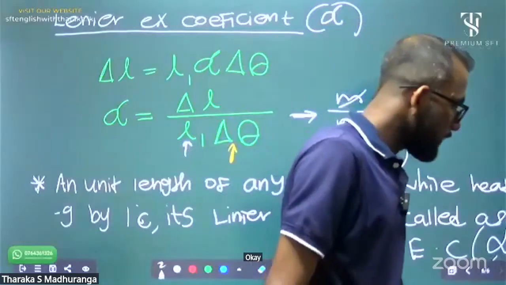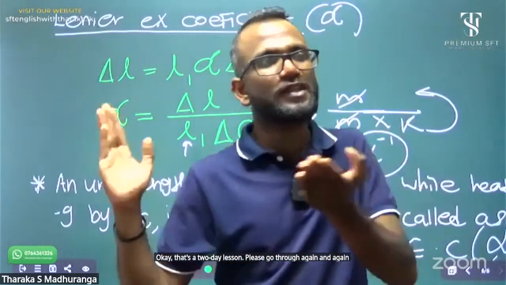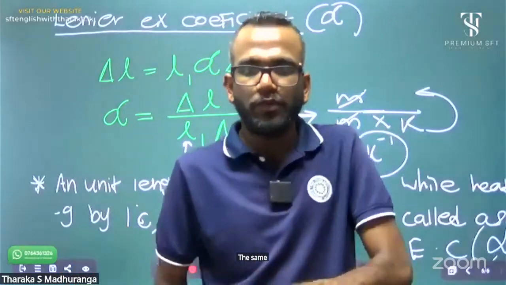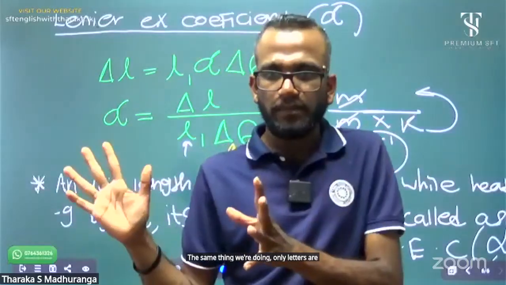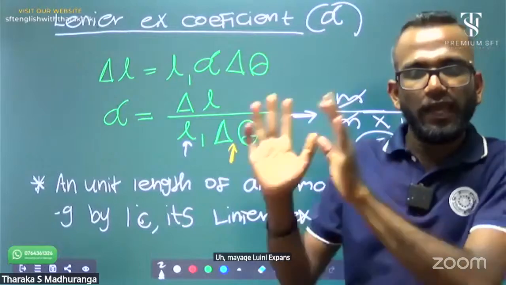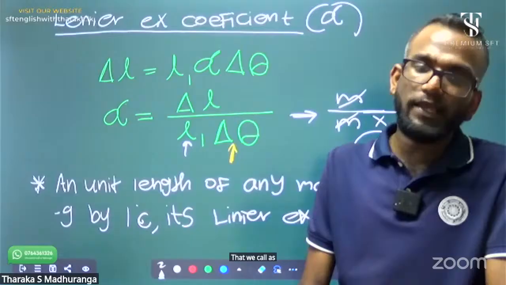Okay, that's today's lesson. Please go through these areas again and again, because area expansion and volume expansion are the same thing, only the letters change. In area expansion, the coefficient is beta, which we call the area expansion coefficient. In volume expansion, it is gamma, the volume expansion coefficient.